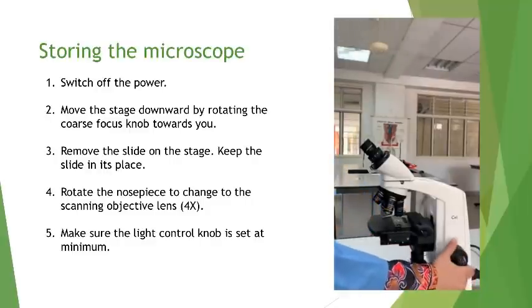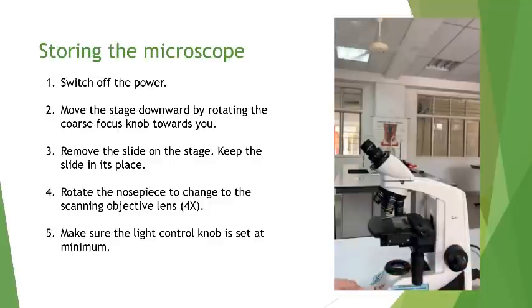Move the stage downward by rotating the coarse focus knob towards you. Remove the slide on the stage. Rotate the nose piece to change to the scanning objective lens.